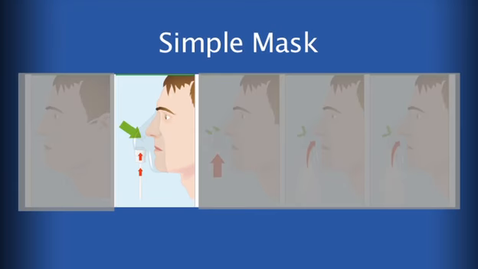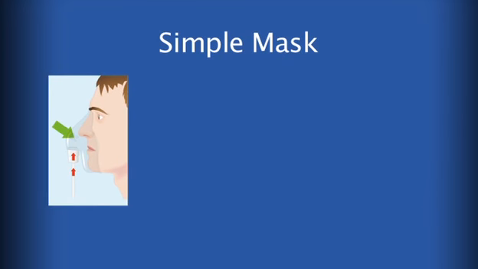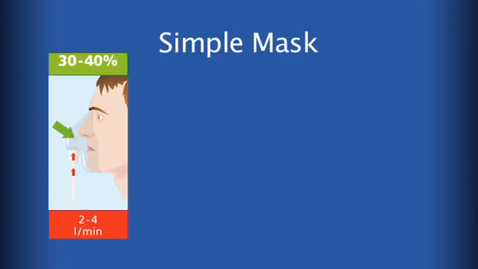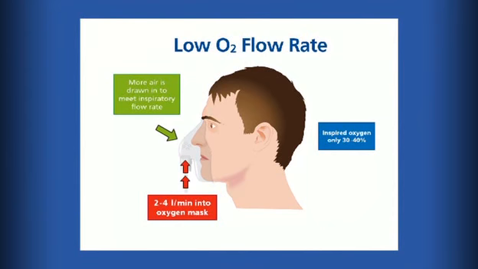Simple masks at low oxygen flow rates. At these same oxygen flow rates of between 2 and 4 litres per minute, a simple oxygen mask will only deliver a similar inspired oxygen concentration of only 30 to 40%. The reason for this low concentration is because during inspiration, air is drawn in through the edges or holes within the mask to meet the patient's peak inspiratory flow rate.